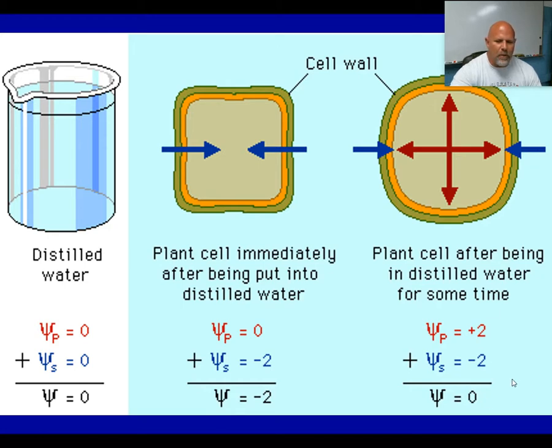So our overall water potential in this system became 0 again because I have 2 bars of pressure, okay, pushing out, and negative 2 bars of pressure wanting to move in. Okay, and so now my water potential is back to 0. So sometimes pressure plays a role. If you're dealing with like a reverse osmosis system for making drinking water, there's going to be a lot of pressure involved in that particular system. And so sometimes pressure plays a role in which way water wants to move.